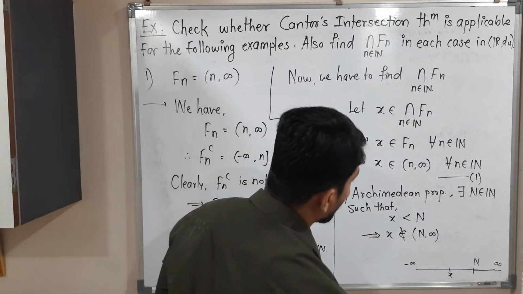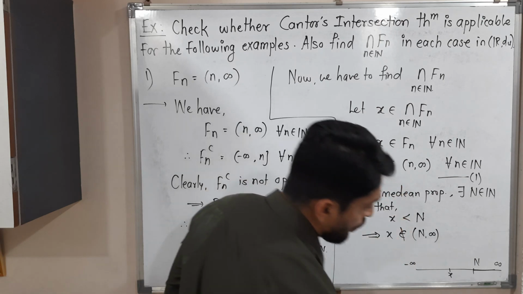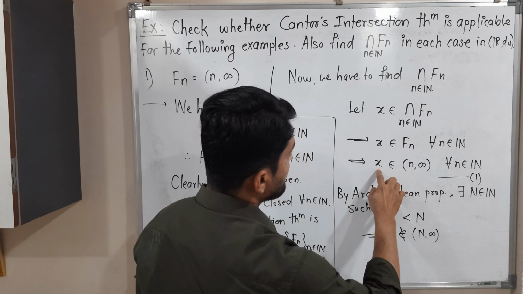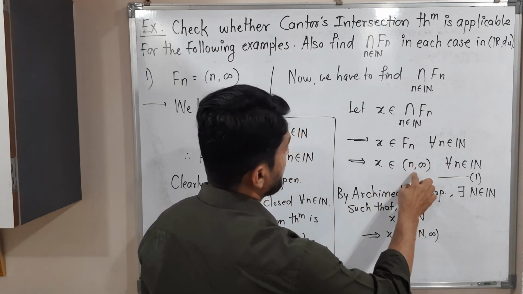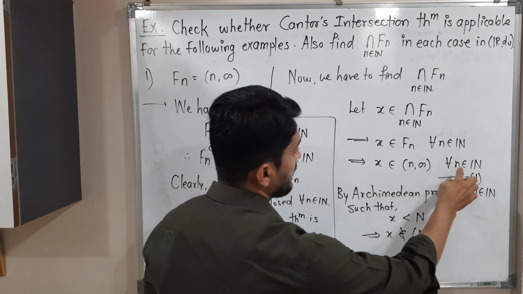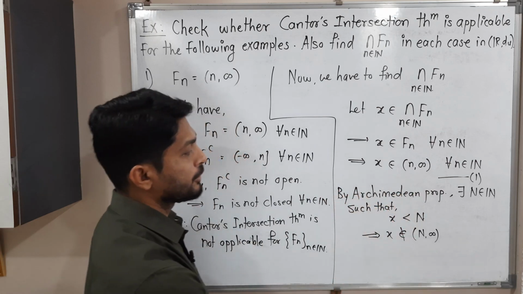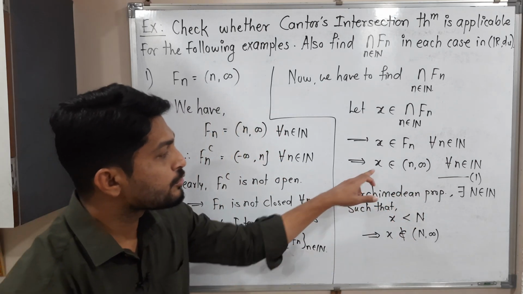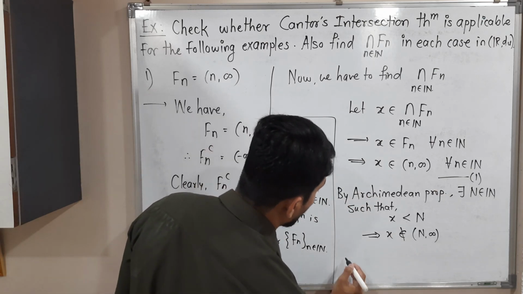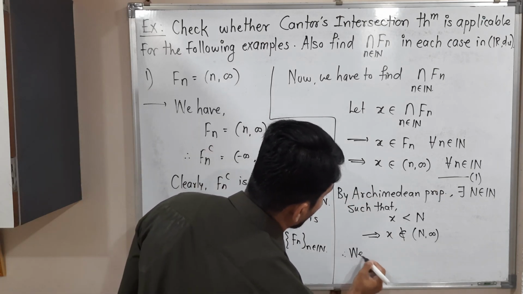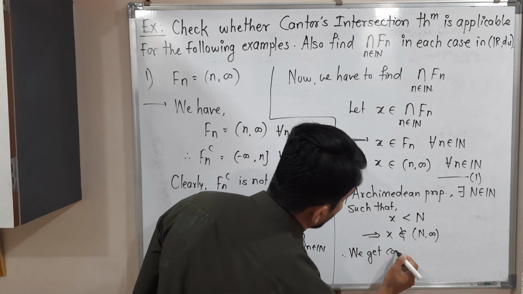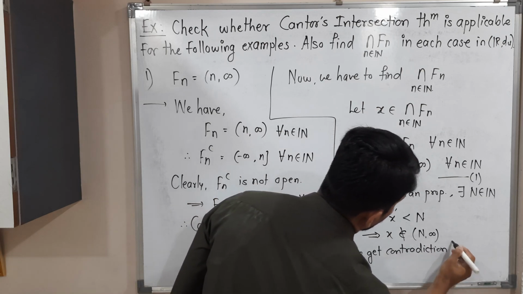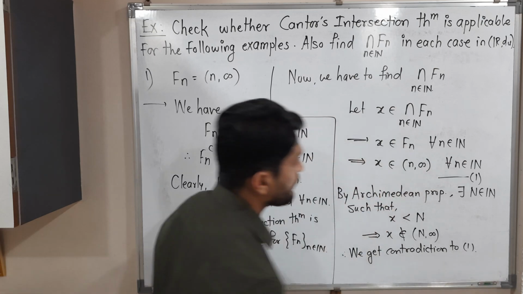But we get a contradiction to statement number 1, since this statement says x lies in all such open intervals, which is true for all natural numbers. But here we are getting a natural number n for which this is not true. Therefore we get a contradiction to 1.